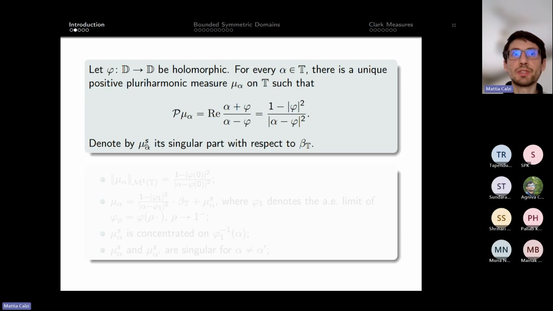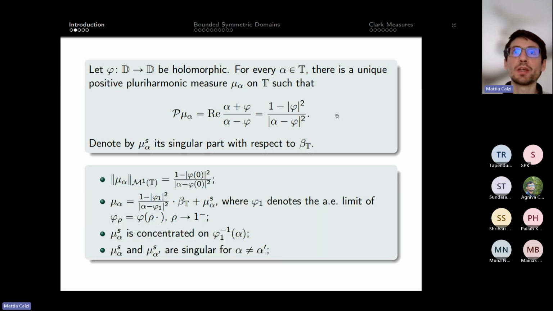And I will denote with mu alpha s the singular part, with respect to the canonical measure on the torus, the normalized Haar measure. And here are some elementary properties, but not all elementary, of these measures. The first one is that since these measures are positive, as I told you before, the Poisson integral at the origin is simply the mass of the measure.